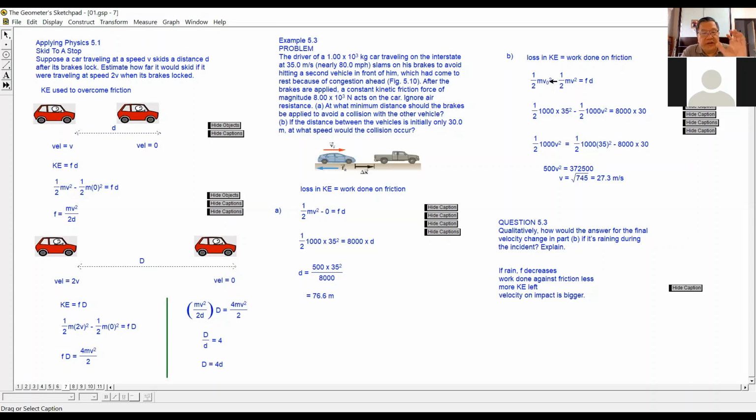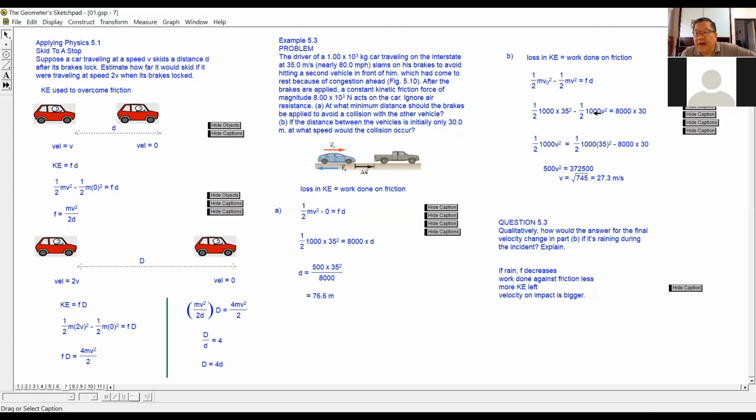Here v squared is the final velocity of the car before it hits the truck. This change in kinetic energy is the amount of energy used to overcome the friction, the work done against friction. So we use this equation to solve for the final velocity of the car just before it hits the truck. Replace the m with 1000, the mass of the car. The initial velocity is 35 meters per second.